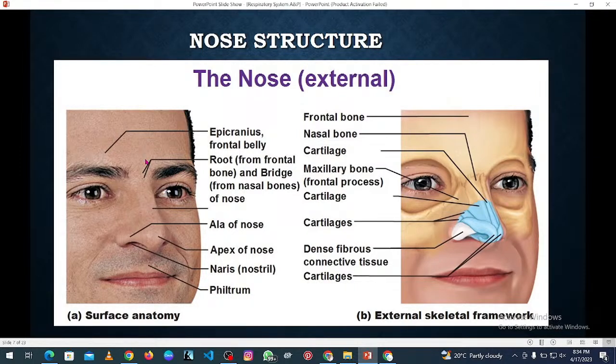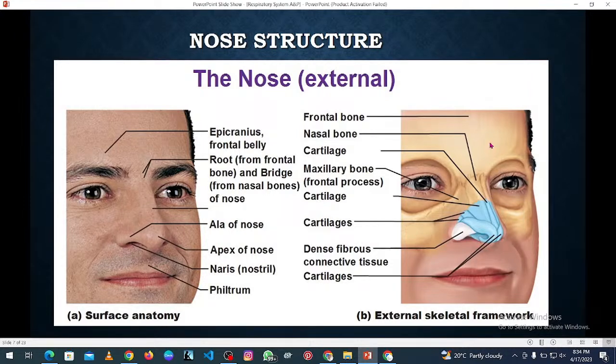Yesterday, I emphasized the root of the nose, that we should know the root of the nose, because it's very important to us. So the root of the nose, you see this frontal bone, the bone that protects the frontal lobe of our brain.